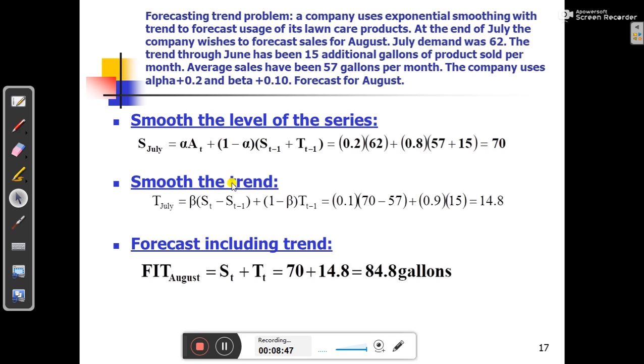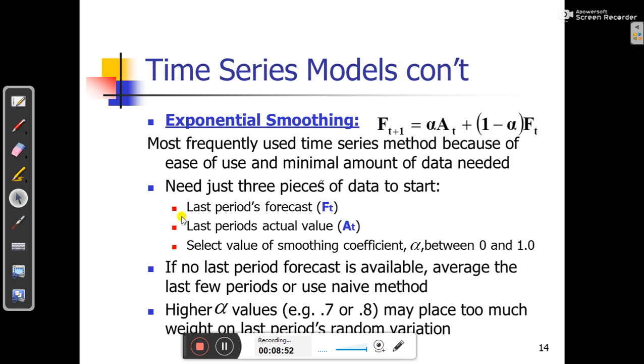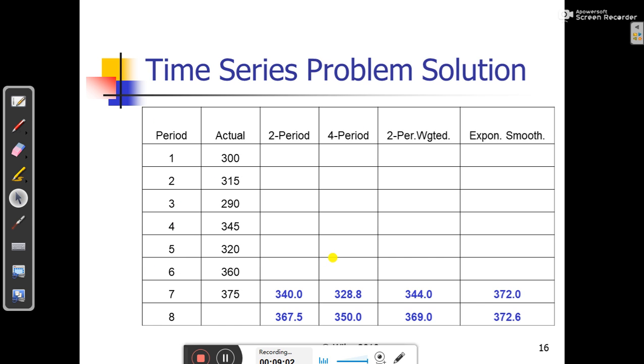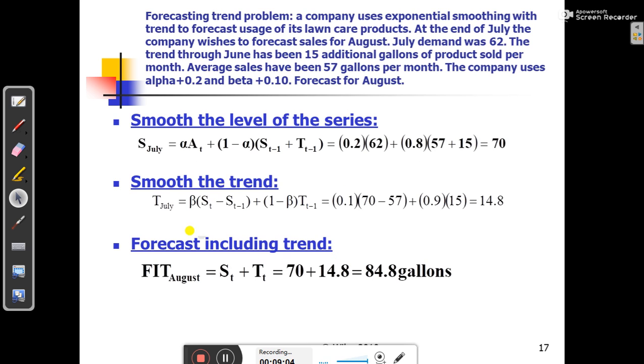So what is the trend smoothing? For July you need to use the beta value here. Here you can see beta into S_t minus S_t-1. S_t for July is 70, and previously it was 57.